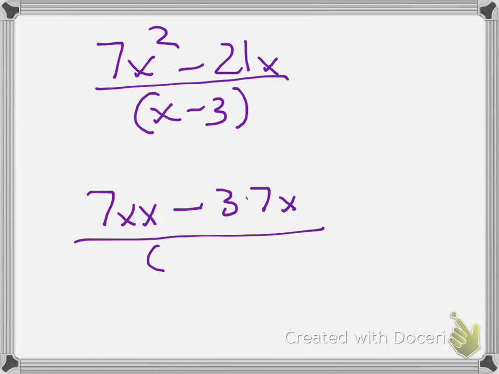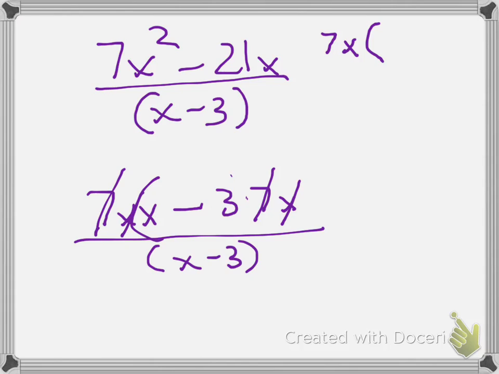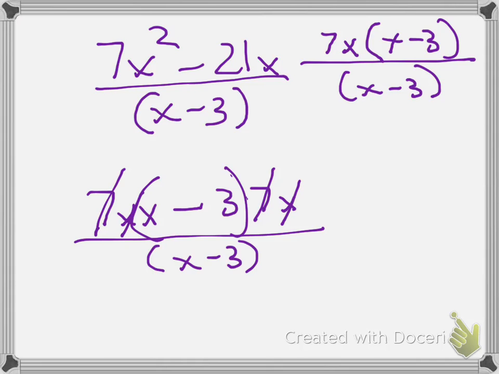And then I'm still going to leave this x minus 3. Well, they have a 7 and an x in common. So I'm going to do that up here. We're going to pull that, do the reverse distributive, and what is left is, oh, look, x minus 3 over x minus 3.